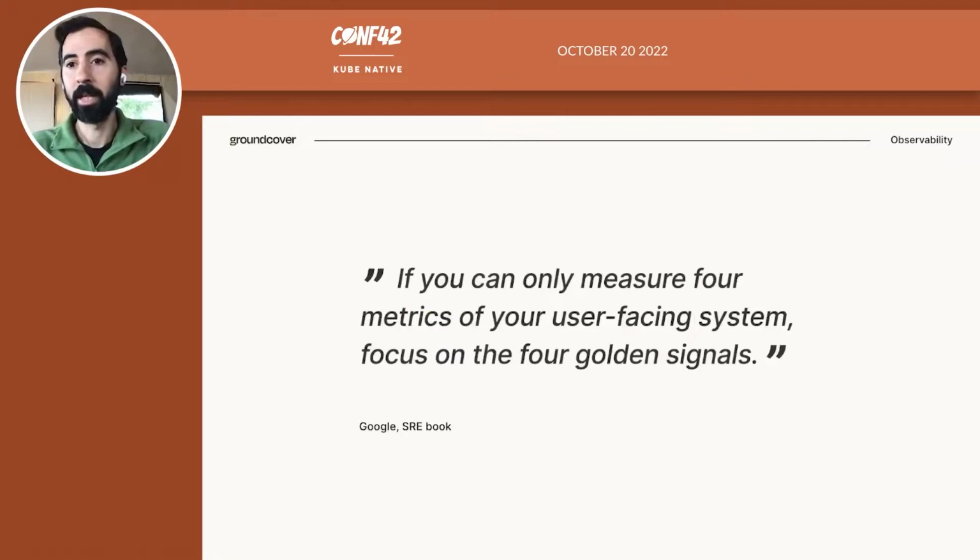I'm not going to dive in too deeply about why APM is so important, but this is a quote from the Google SRE book, just saying that if you could measure only four metrics about what your user-facing system is actually doing, you should focus on those four golden signals, since they can highly predict if something is starting to drift or break in your production. And that only goes to say how important an APM is in the stack that you're maintaining inside the company with regards to observability.